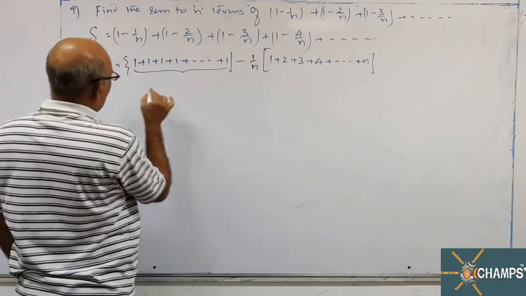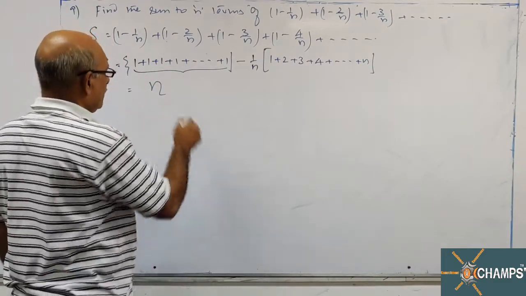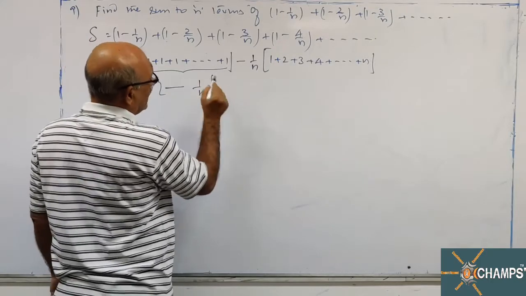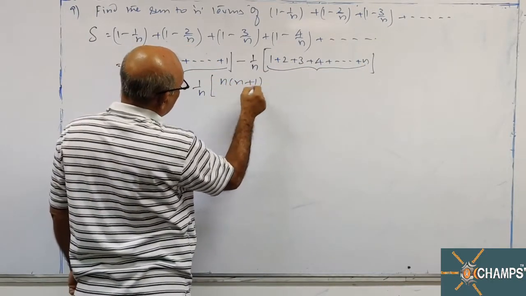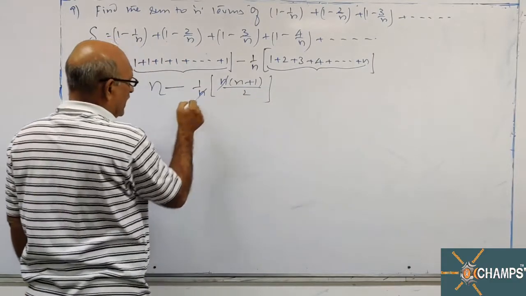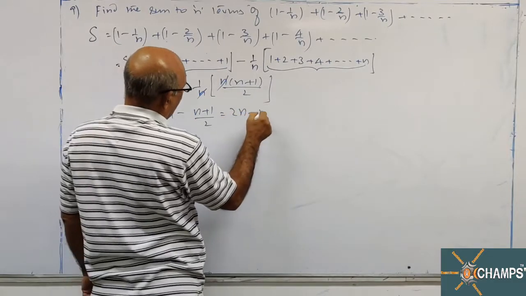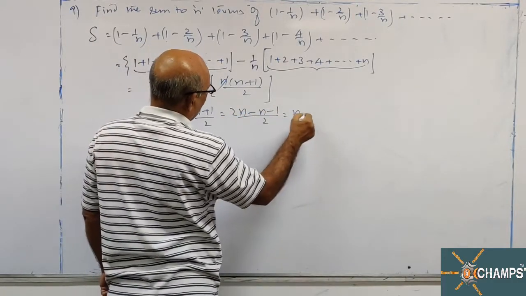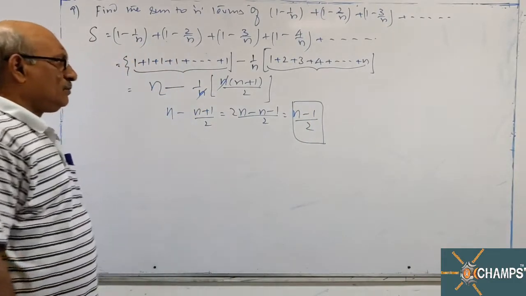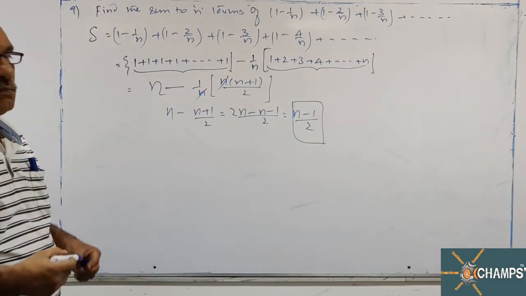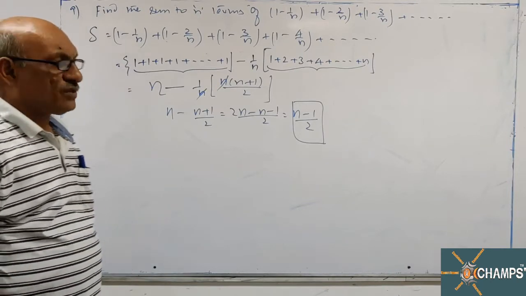The same number 1 you are adding how many times? n times it is added. So n minus 1 by n into, this is a standard result, sum of first n natural numbers, n into n plus 1 by 2. The n cancels, 2n minus n minus 1 by 2, this is n minus 1 by 2. n minus 1 by 2. This is the answer.